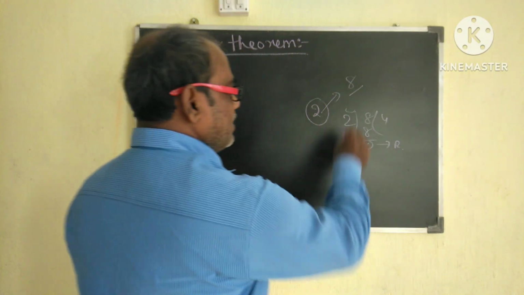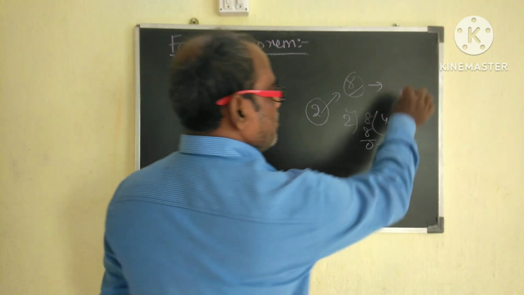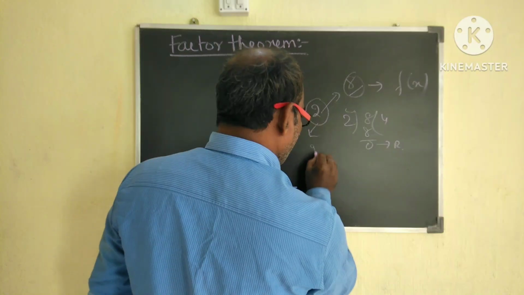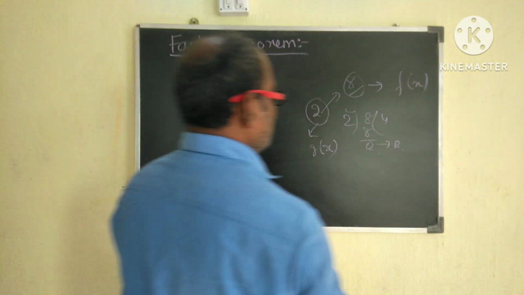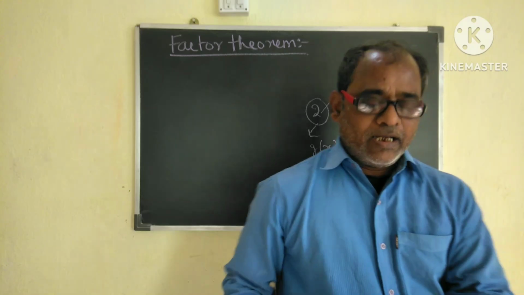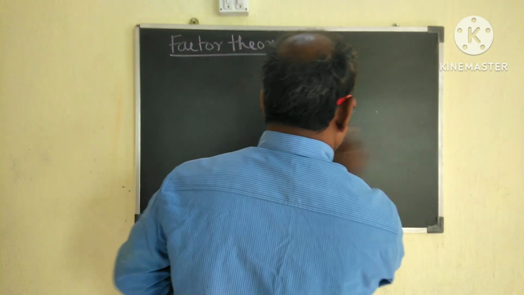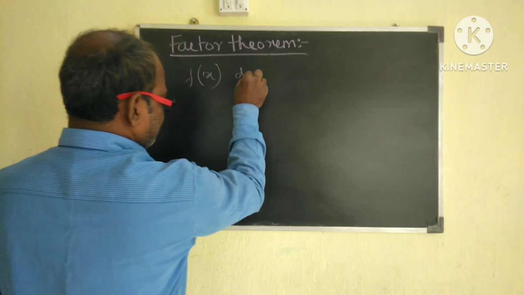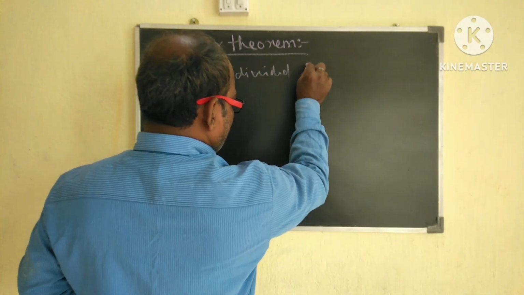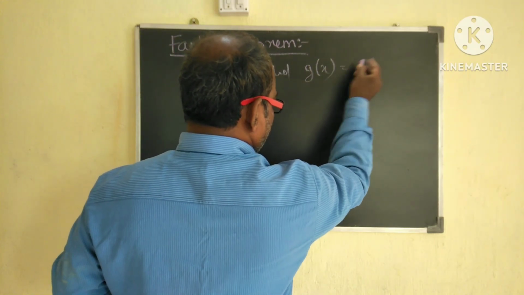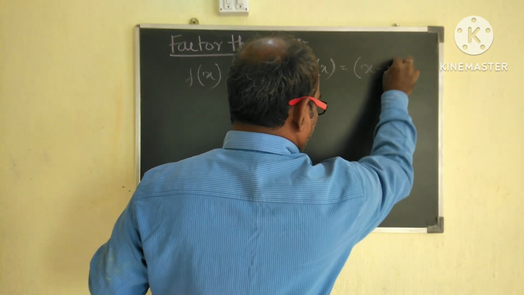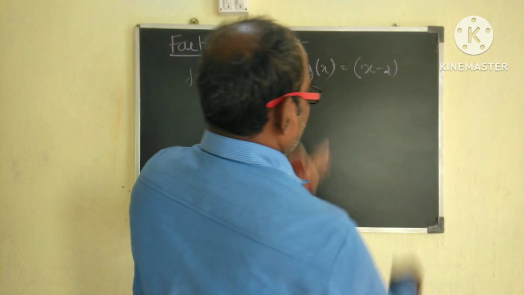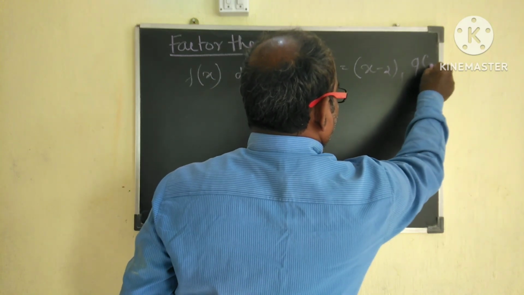In the same way, we can think of 8 as a function of x, f of x, and 2 as a function g of x, and finally the remainder we are getting is 0. So in terms of functions, we are going to learn that if a function f of x gets divided by another function g of x, where g of x is x minus alpha, and alpha is any real number, we get a certain quotient, let us say q of x.